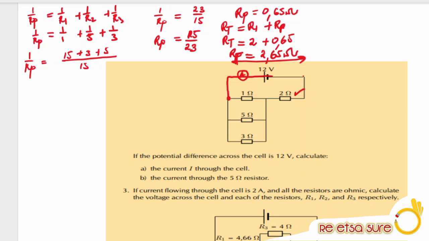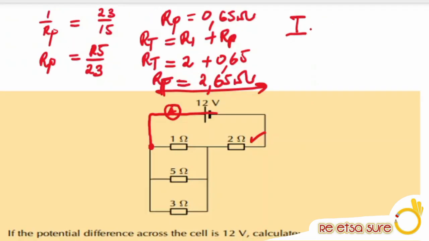Because the current that is flowing throughout our cell is our total current. Remember that when you determine total current, you must divide total voltage by total resistance. So now what is our V of the cell? The V of the cell is 12, all over, what is the R of the circuit?